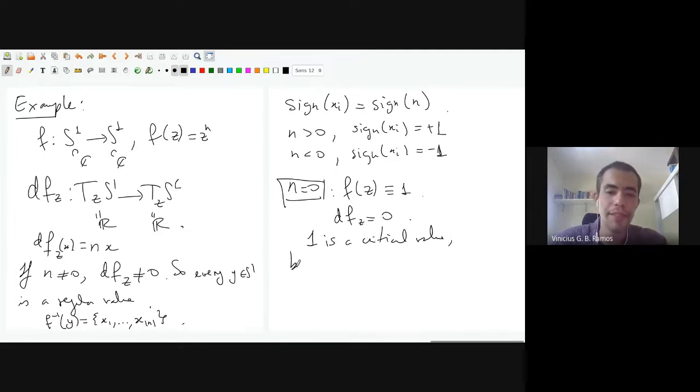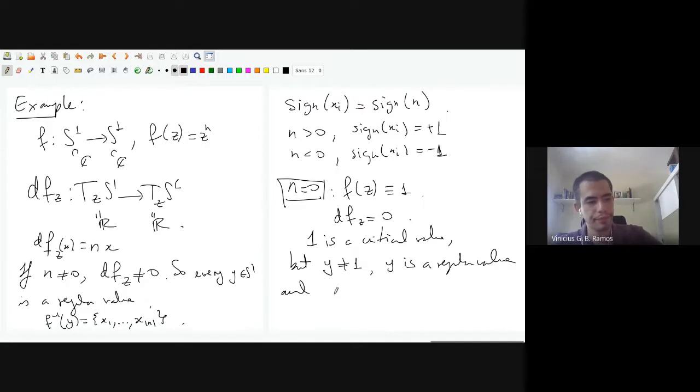But if I take y different from 1, then y is not in the image, so y is a regular value, and the preimage of y is empty. So in this case, the degree of f is going to be 0.